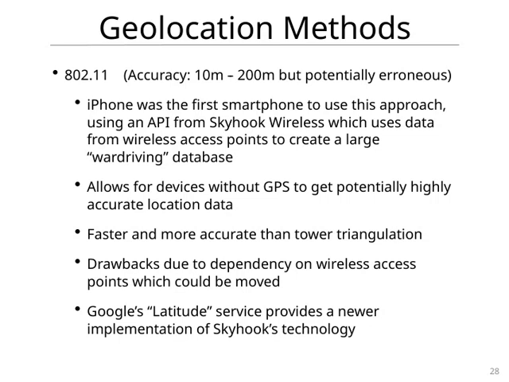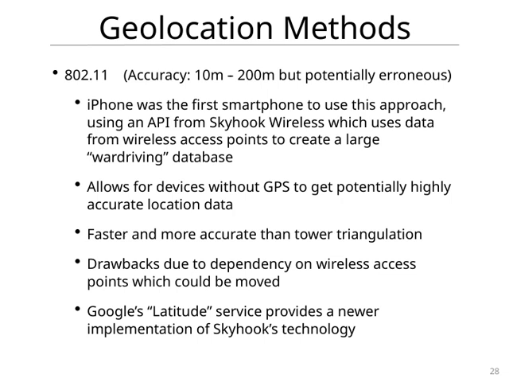Let's take a closer look at geolocation methods, starting with 802.11. The accuracy here typically ranges from about 10 meters up to 200 meters, but it's important to note that it can sometimes be erroneous. Interestingly, the iPhone was the first smartphone to utilize this approach, leveraging an API from Skyhook Wireless.